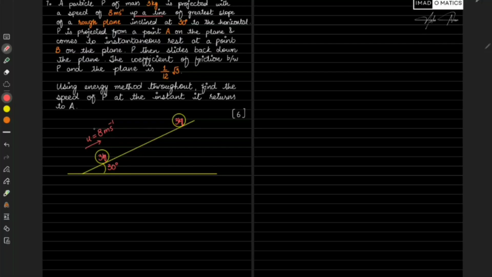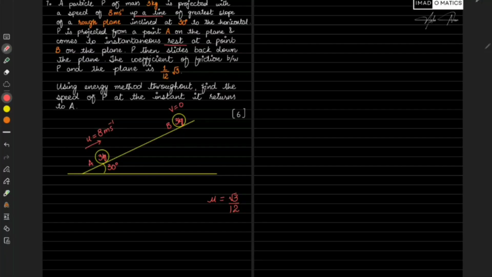This is your point A from where it has started, and this must be your point B where it is instantaneously at rest, and then it slides back. So the velocity here is going to be 0 because it's instantaneously at rest. And we have coefficient of friction mu as root 3 over 12. Now we have to use the energy method.